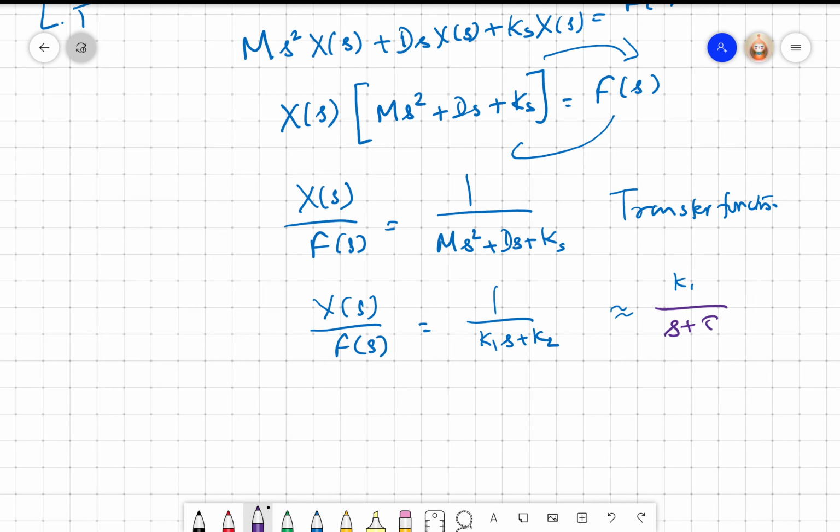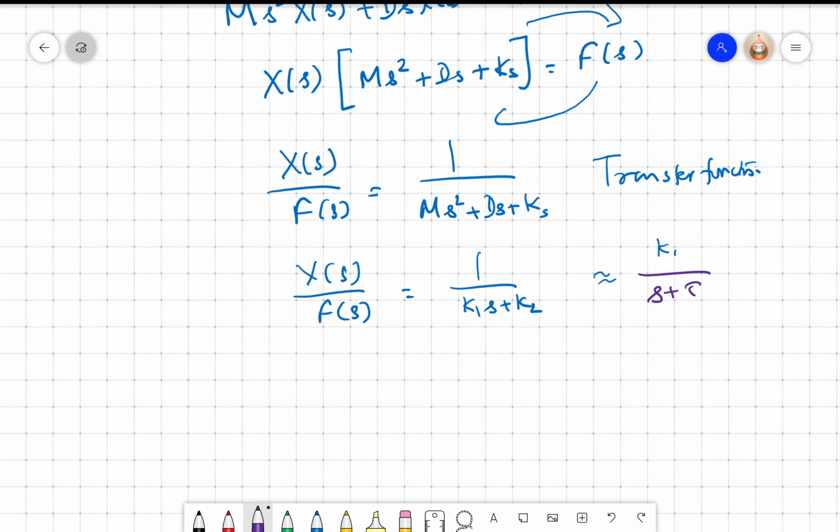We can look at this a little later. So the moment I get the transfer function, then I can really analyze the behavior of the transducer.